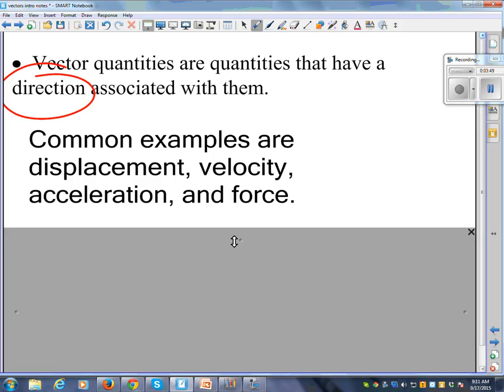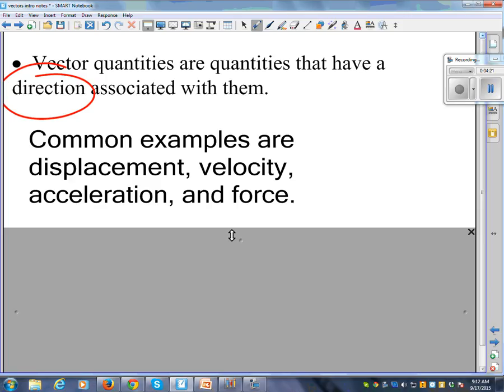There you go. Those are the big 4. Fantastic 4 vectors. Displacement, velocity, acceleration, and force. What does displacement mean? Catherine? What does displacement mean? When something is displaced, it means that it's moved, and because it's a vector, it has to be moved in some direction.